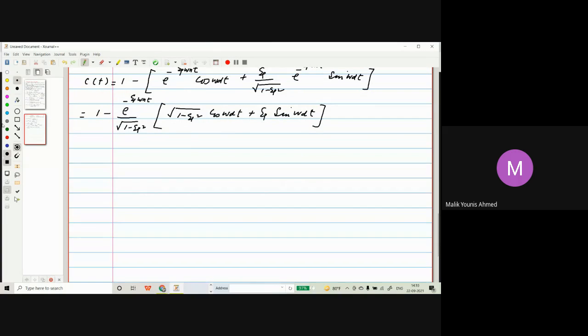Now after that, we can further write C of t. Before writing the C of t here, let me write one formula.